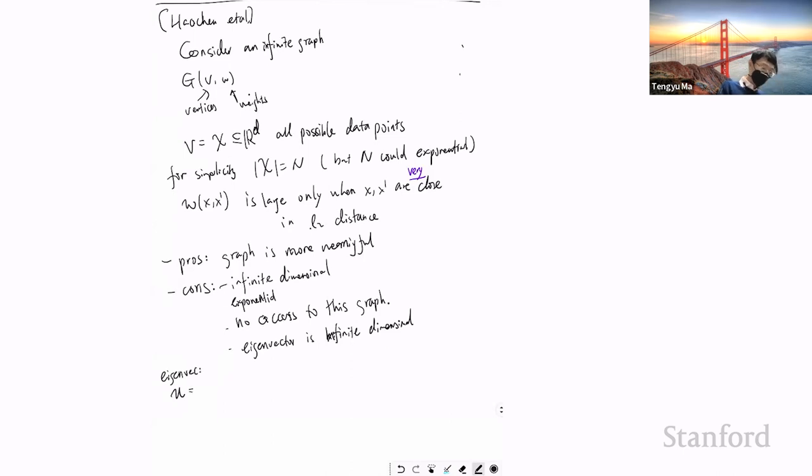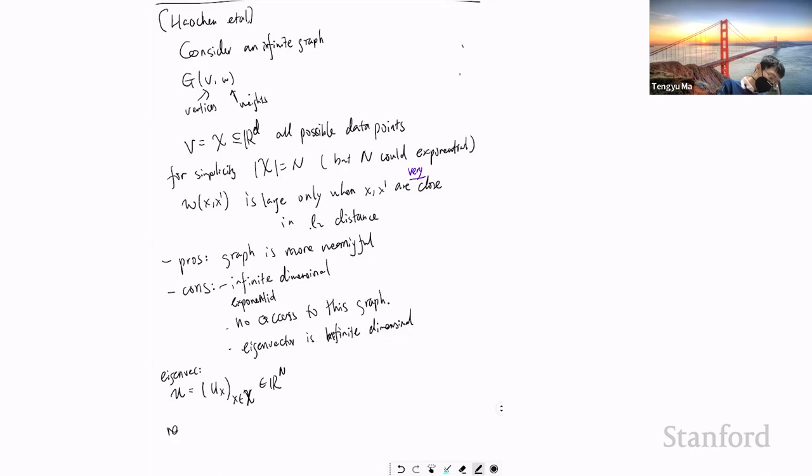The eigenvector is a high dimensional vector, so you can say this is u_x, indexed by all the possible data points in the capital X. This is of dimension R^N or R^infinity, depending on how many vertices are in your set. You don't even have space to save a single eigenvector.